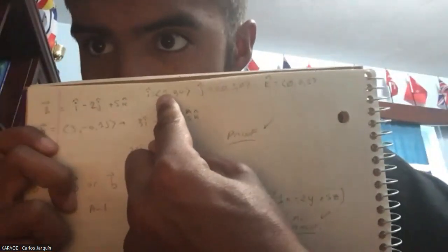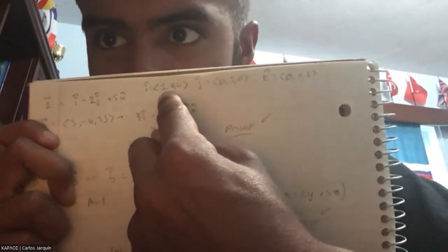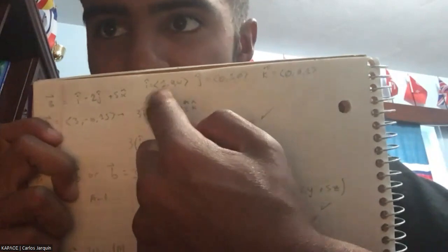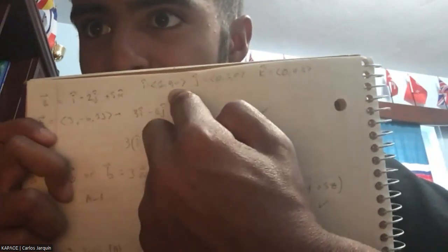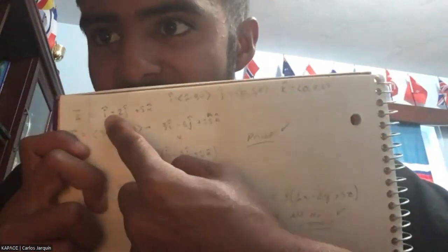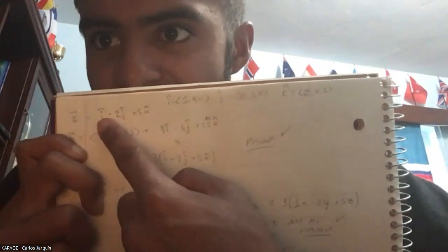Okay, so these are the standard vectors. For i, which is for the x value, you will go only one step on your x-axis, to the right, essentially. So 1, 0, 0. That's as far as you will go for that. That's what this means: I'm only moving one step to the right on my x-axis.